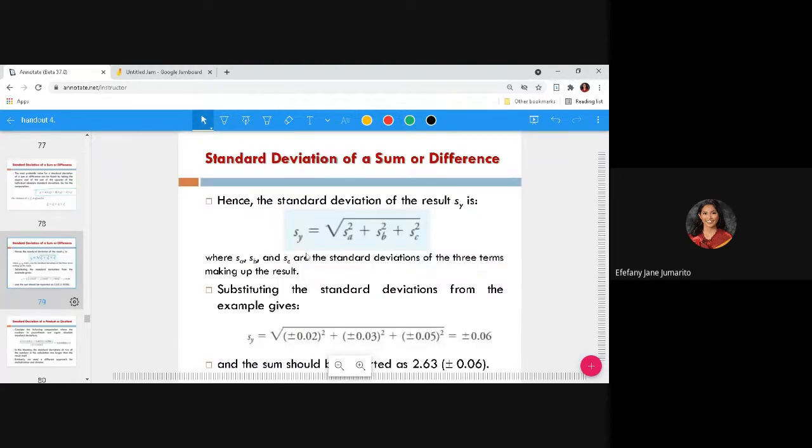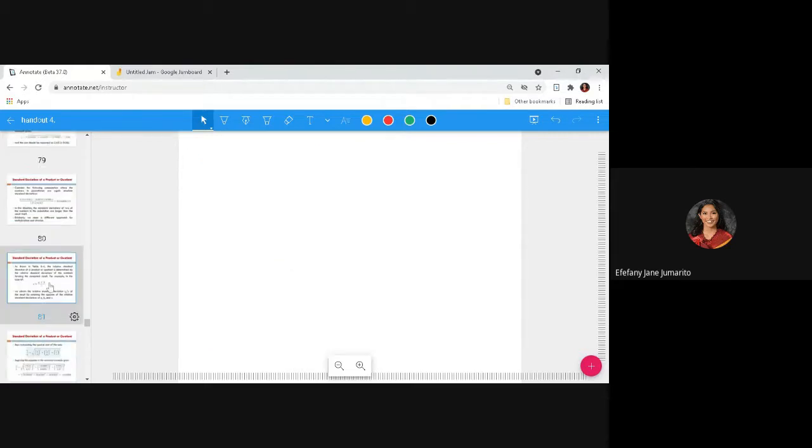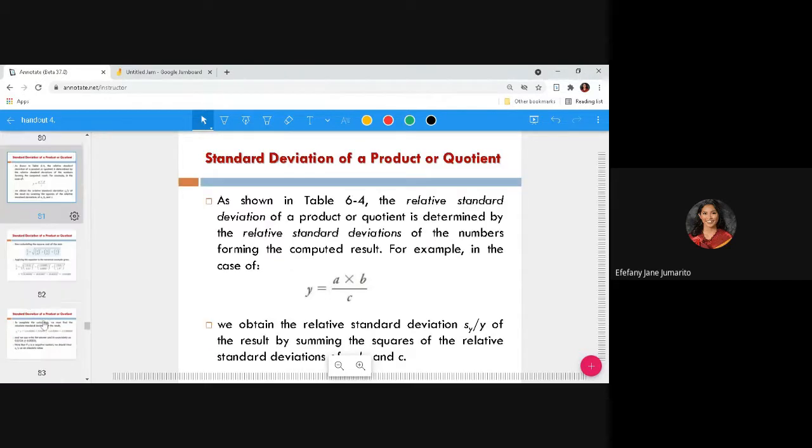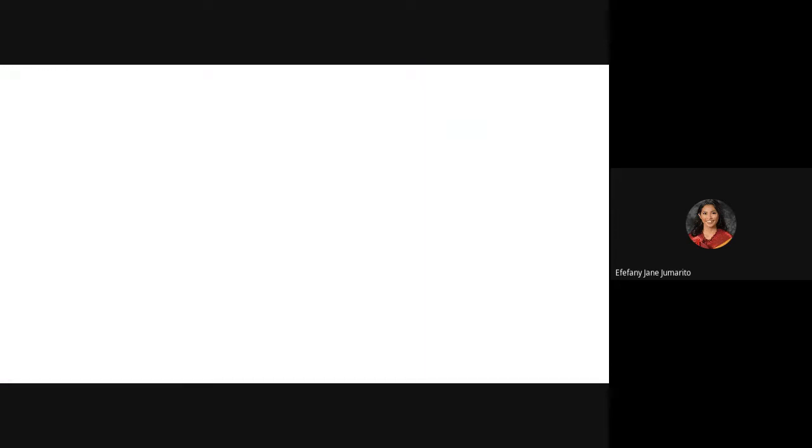This one also, you will get through this one. Okay, look at that one. But since you know you have your Excel and your calculator, naglisod pa mute.